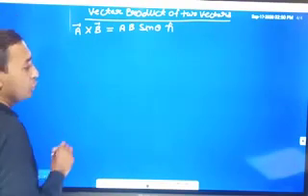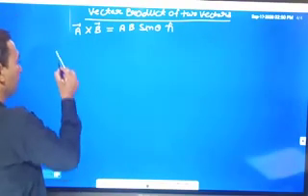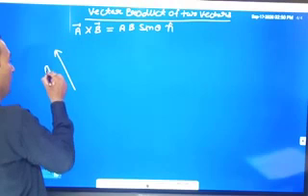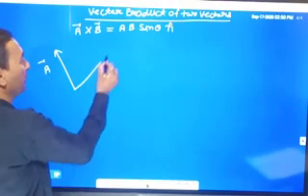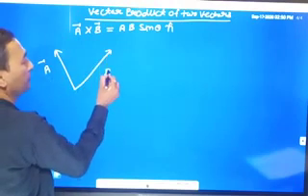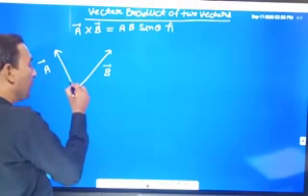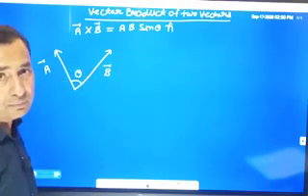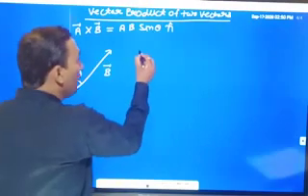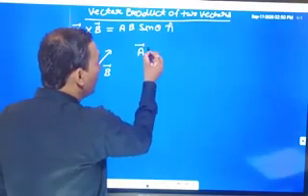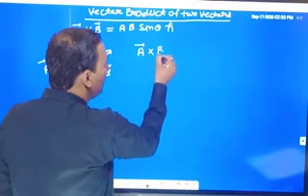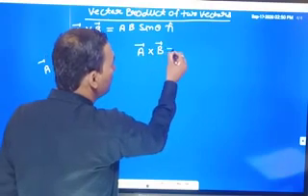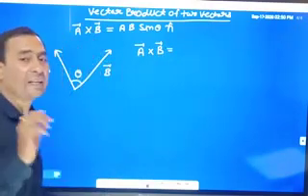देखिए, let us assume that this is a vector and this is b vector, and the angle between these two vectors is theta. So when we find a vector cross b vector, then what is the right hand rule?